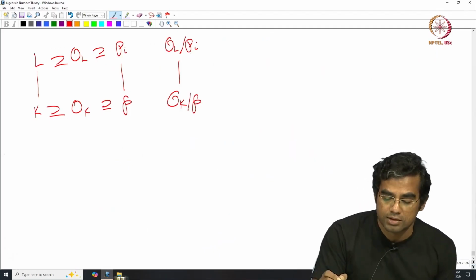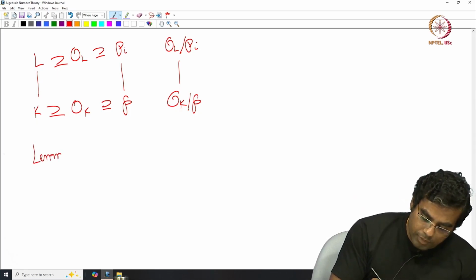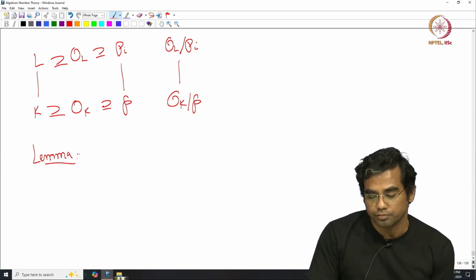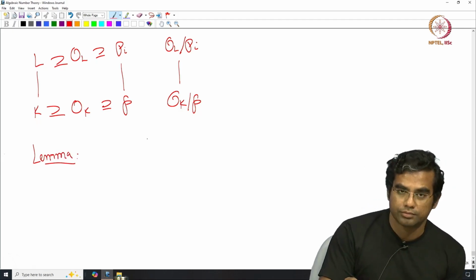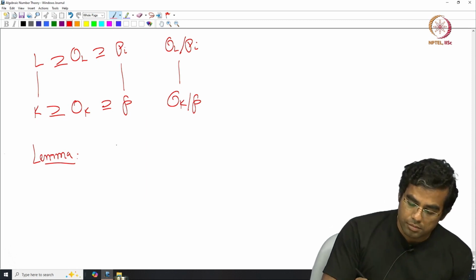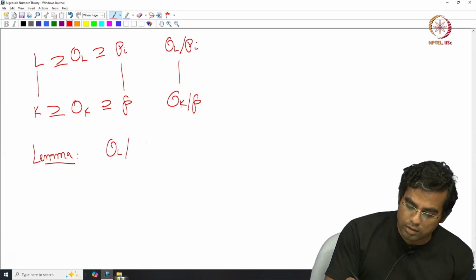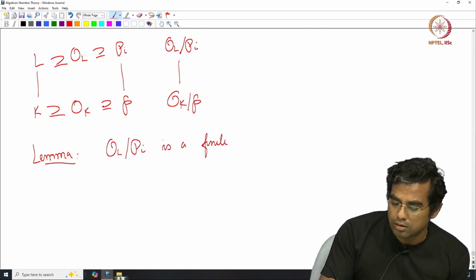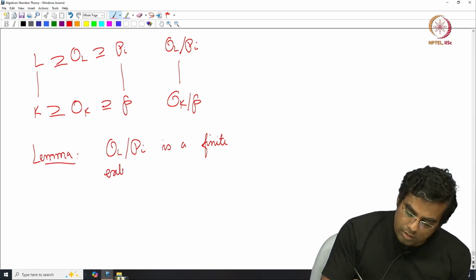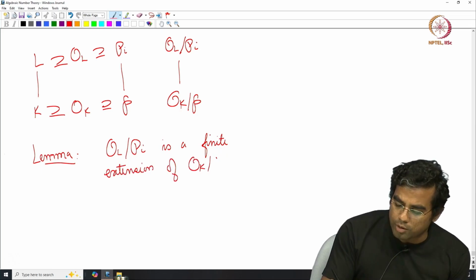So, I fix any such Pi, and here is a lemma that I want to prove. Okay. These are both finite fields, right, and what we are going to prove is that OL mod Pi is a finite extension of OK mod P. Okay.